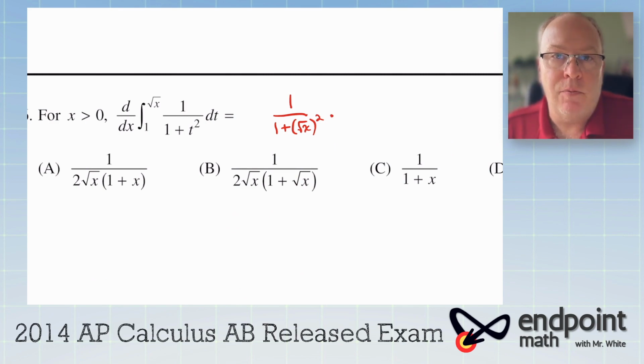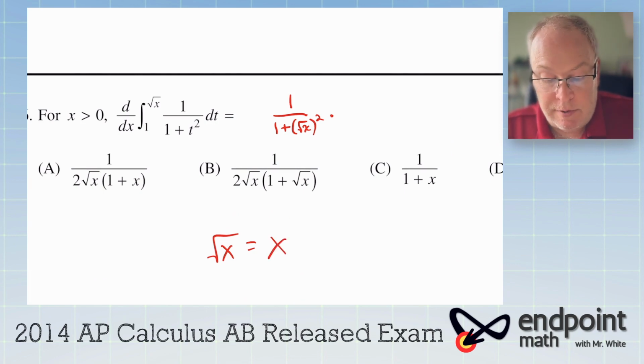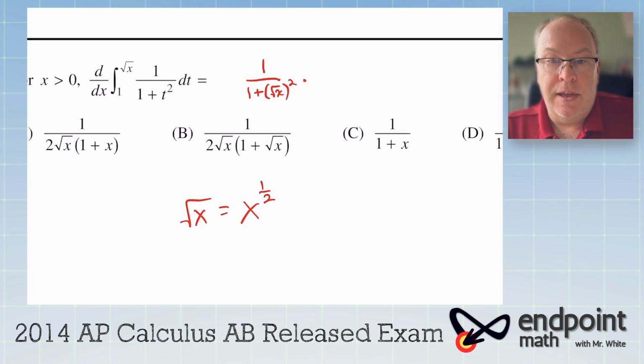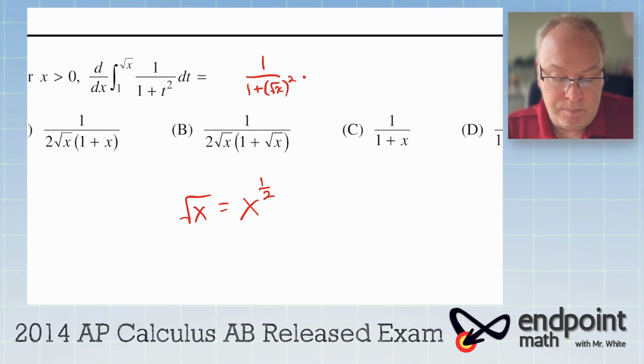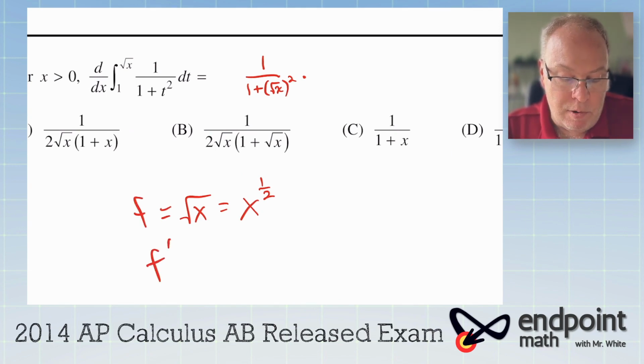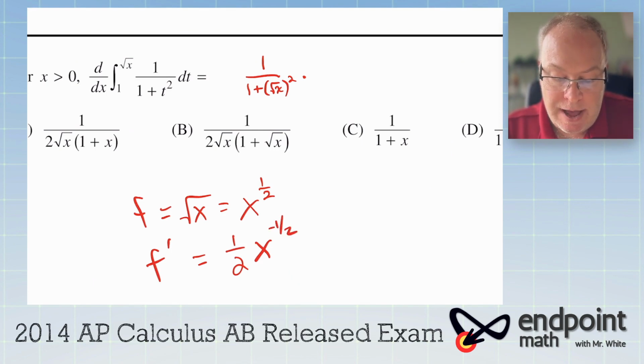So we multiply by the derivative of the square root of x. Now remember, you should probably memorize this derivative, honestly. If this is f, f prime would be 1/2 x to the negative 1/2 power. That's 1 over 2 radical x.